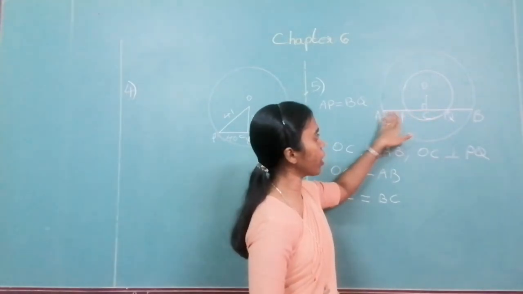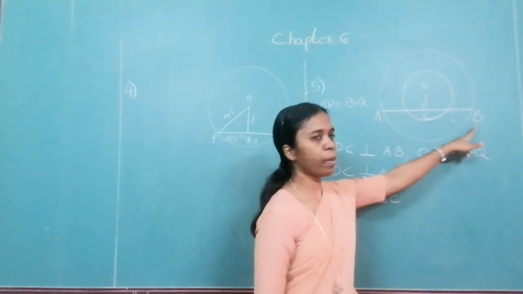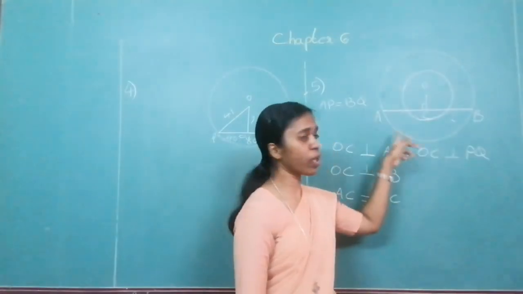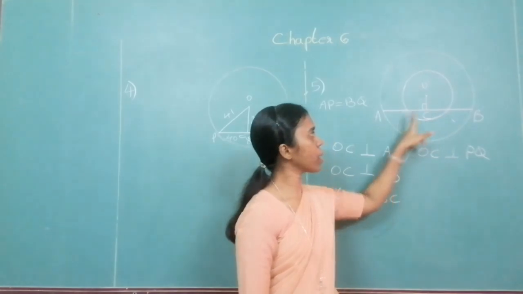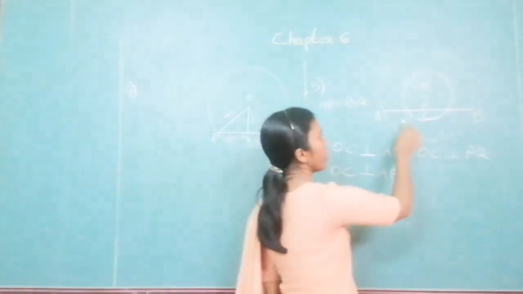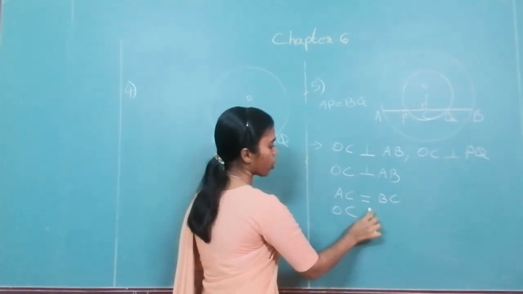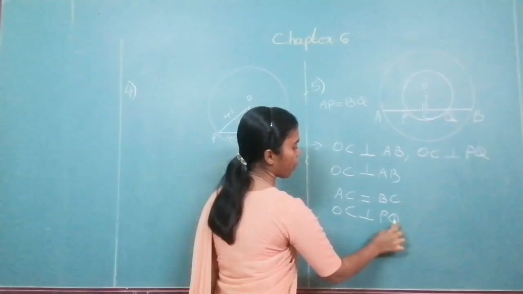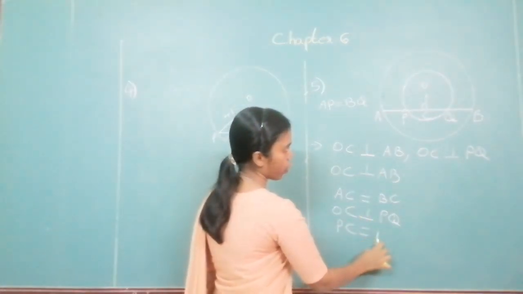Which is the biggest chord? Only one chord, that is AB is a chord for the big circle. So this is a perpendicular, it bisects the chord. Similarly, since OC is perpendicular to PQ, you can say that PC is equal to QC.